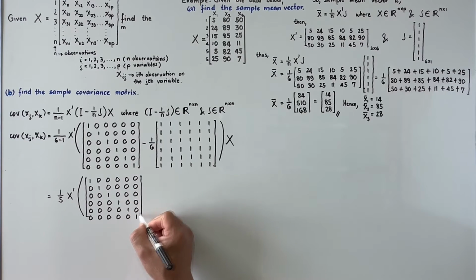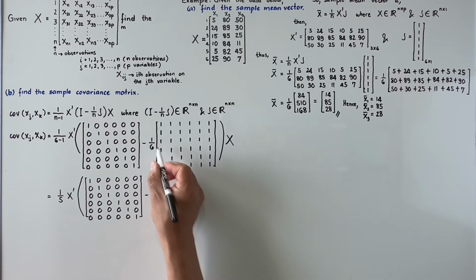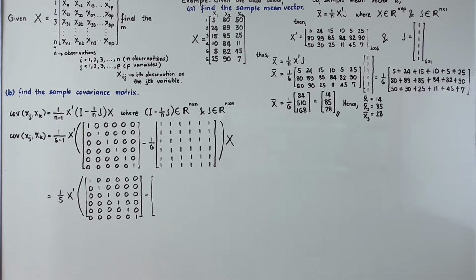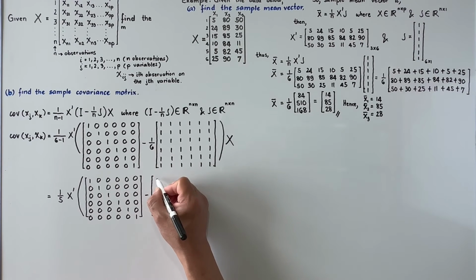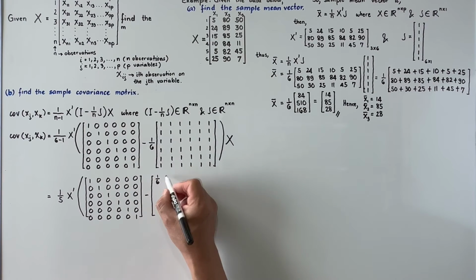And this will be subtracted by this scalar multiple of the J matrix, multiplying by 1/6 here. So 1/6 times 1 is 1/6.